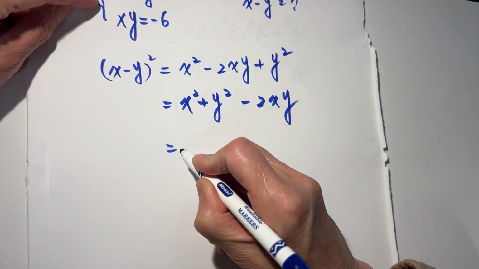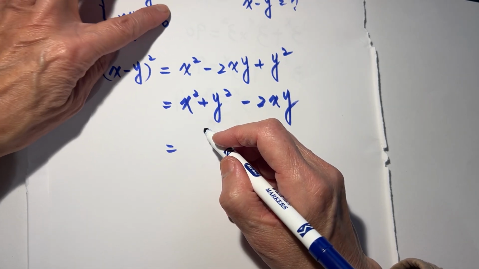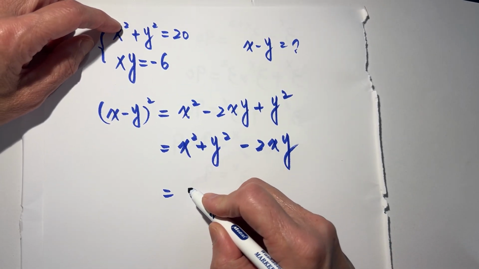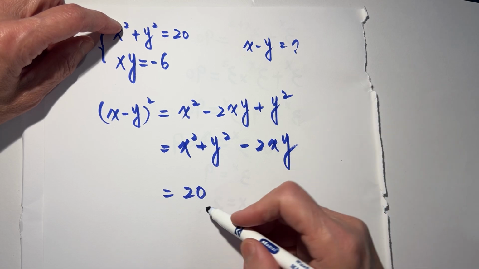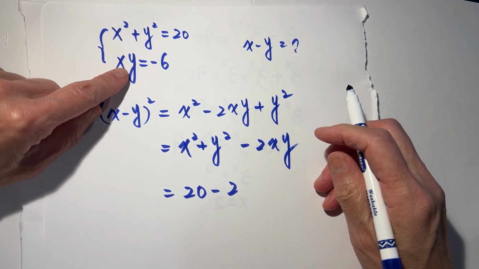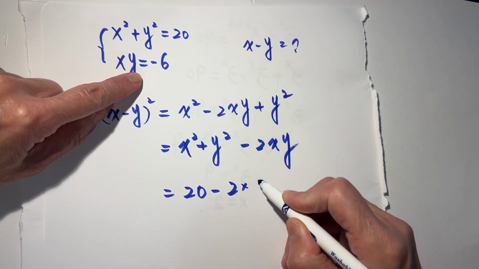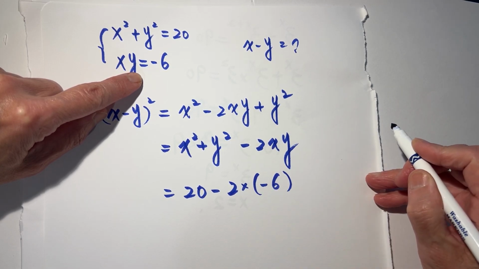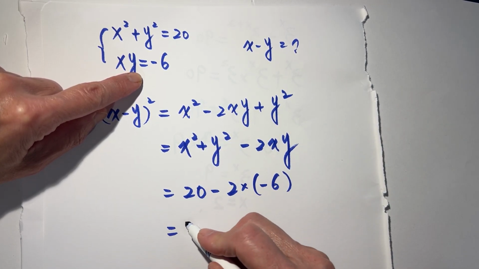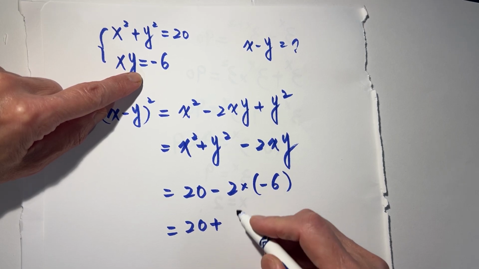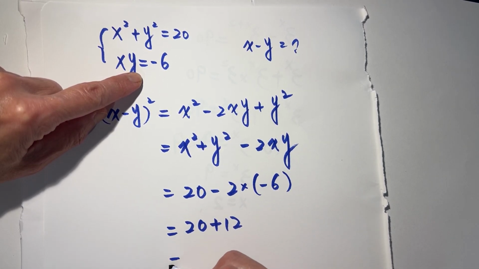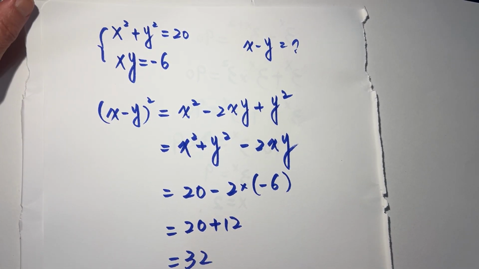Right? x squared plus y squared, we already know is 20, minus 2 times x times y. x times y is -6. So the total result, 20 plus 12 is 32.